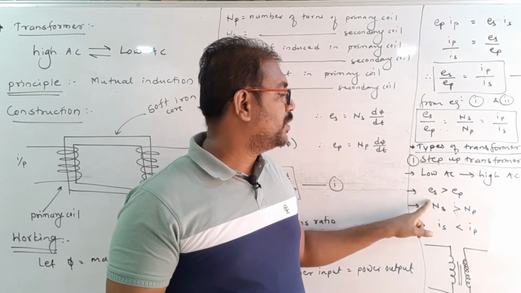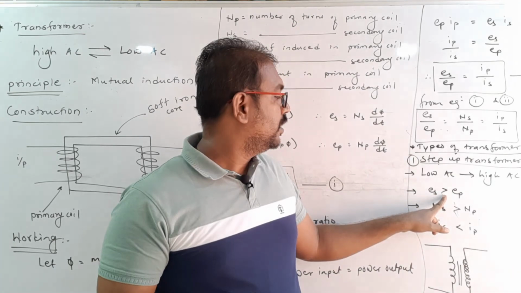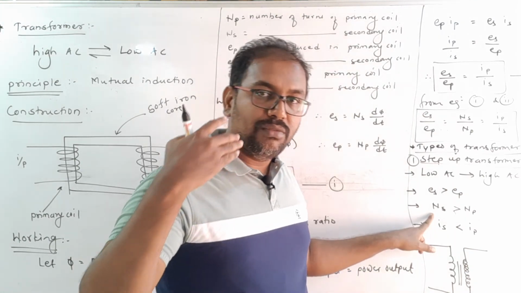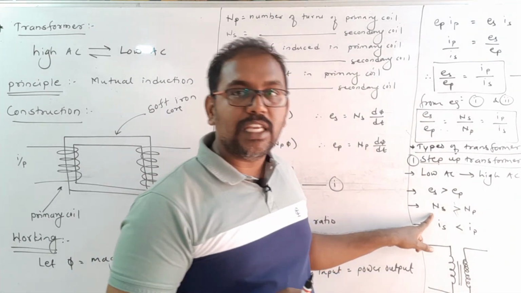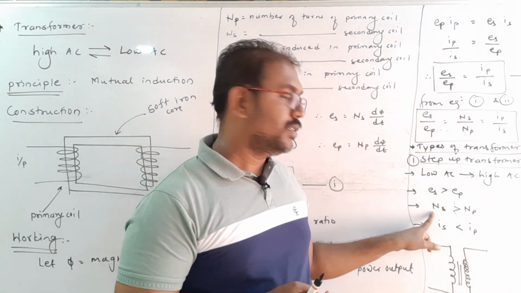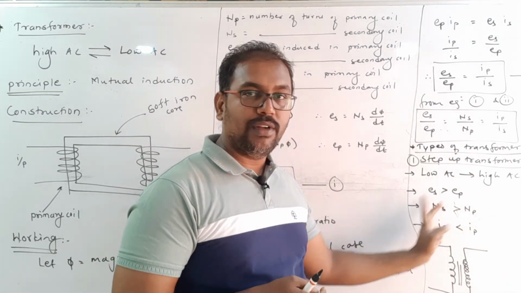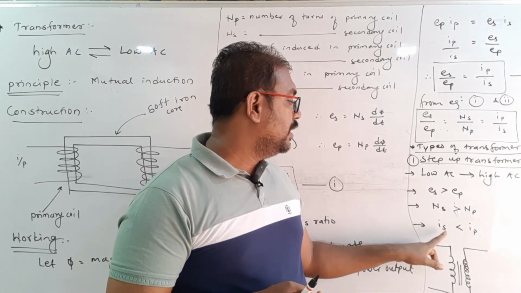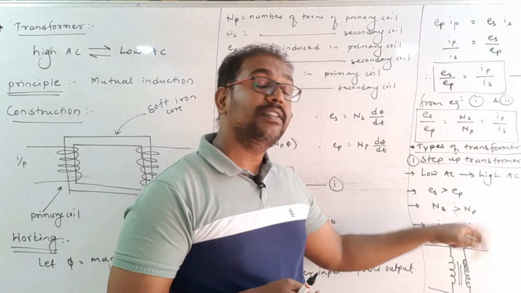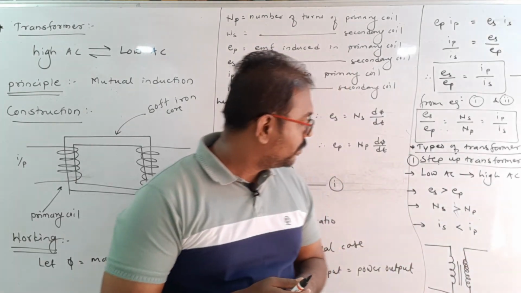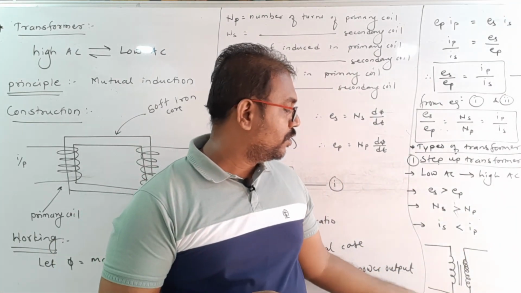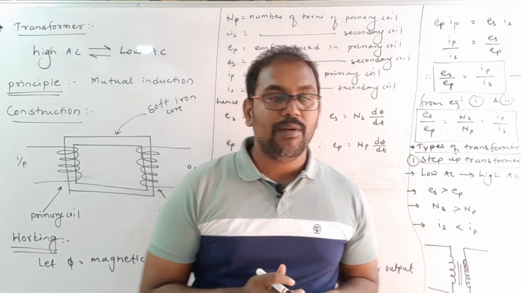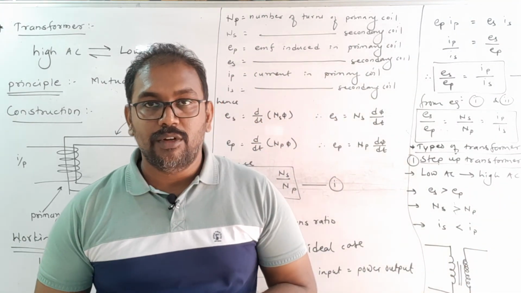The number of turns of the secondary is less as compared to the primary, so this sign is also reversed. Then the current of the secondary is greater than the current of the primary. In the symbol, you show larger turns on the primary and smaller turns on the secondary, and then we get the symbol of the step down transformer.